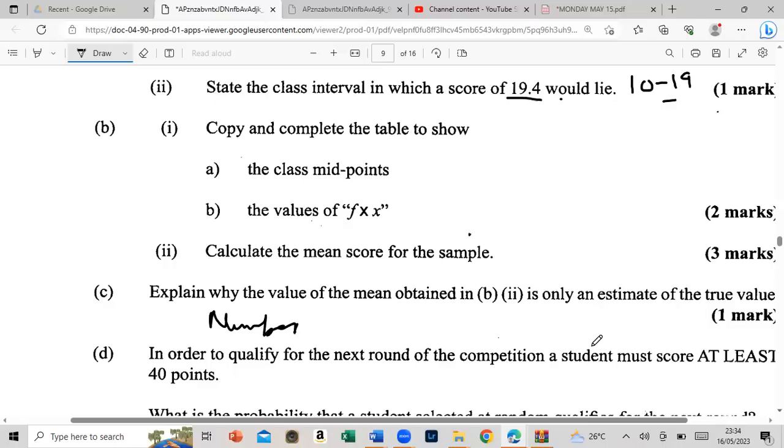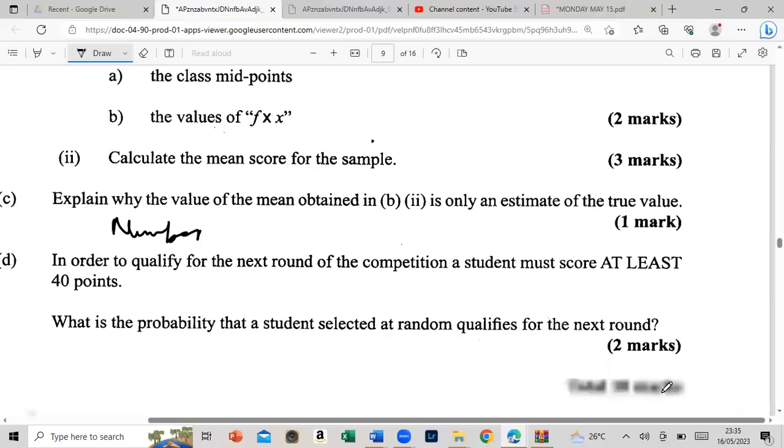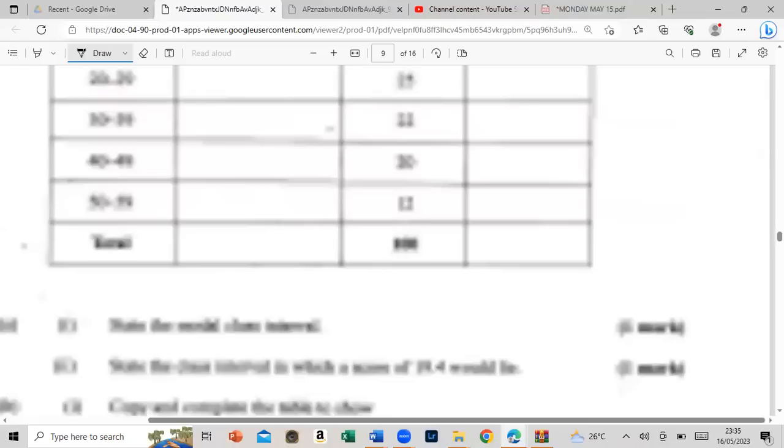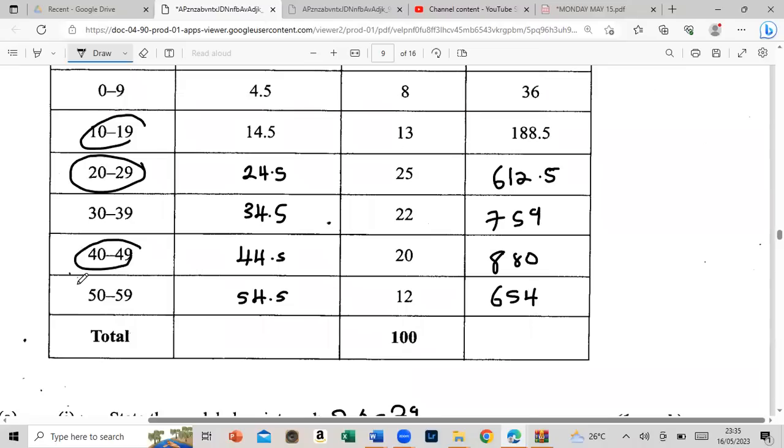And then it says in order to qualify for the next round of the competition, the score must be at least 40 points. What is the probability of selecting at random a student who qualifies for the next round? So we look at least 40. So we go back up to find at least 40, which is right here.